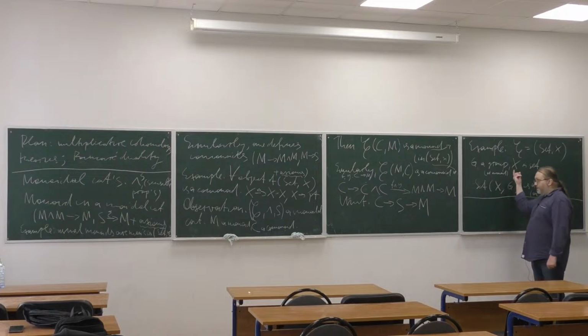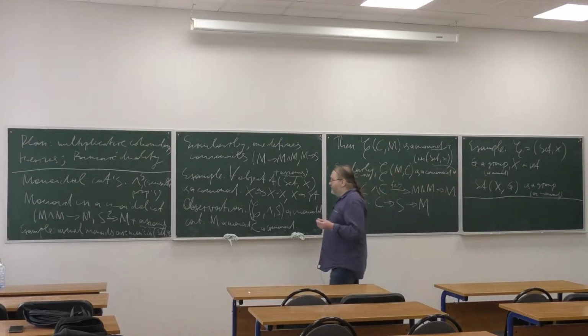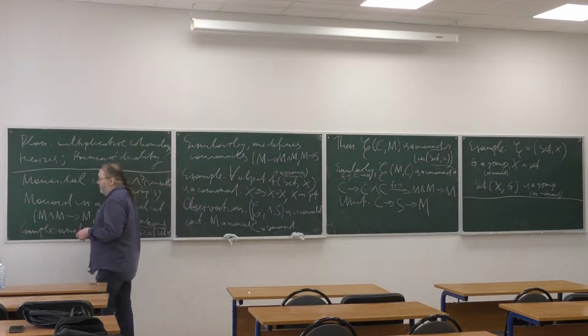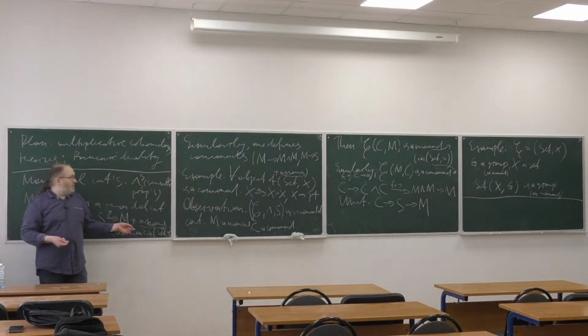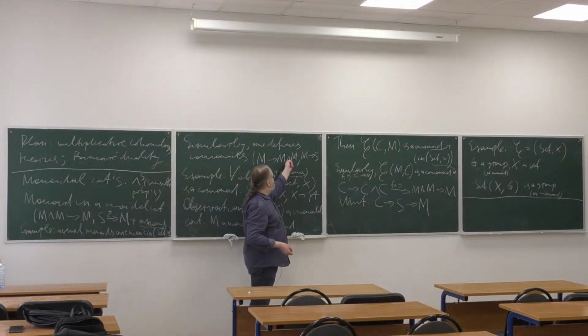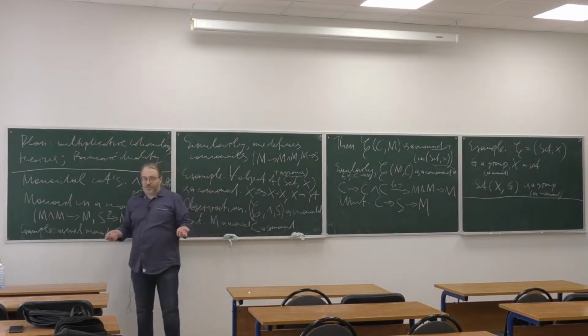In this particular case, we can say more. If G is a group, then the set of maps from X to G is a group. Now, the general categorical nonsense doesn't quite tell us this. Why not? Because the monoidal structure we use here is completely general.